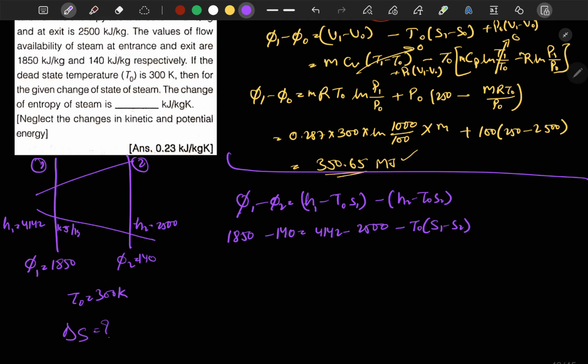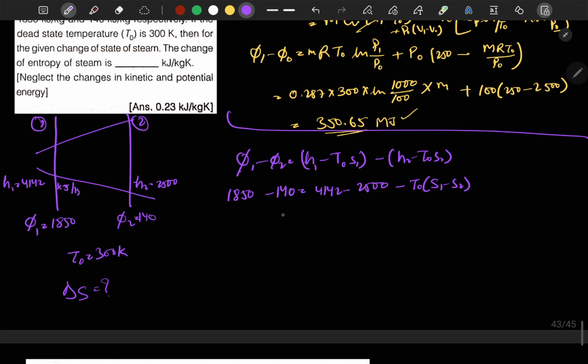So we get 1850 minus 140 minus 4142 plus 2500, which gives 68. So T node into (S1 minus S2) is equal to minus 68.